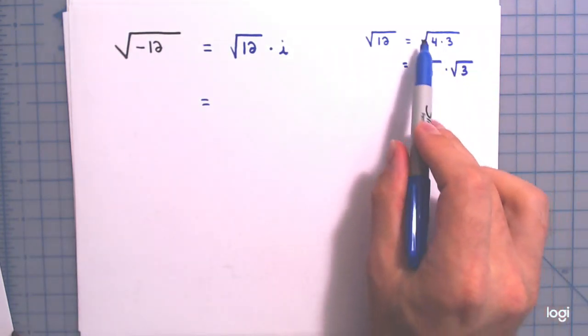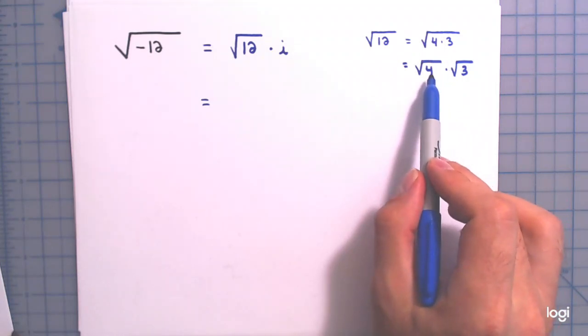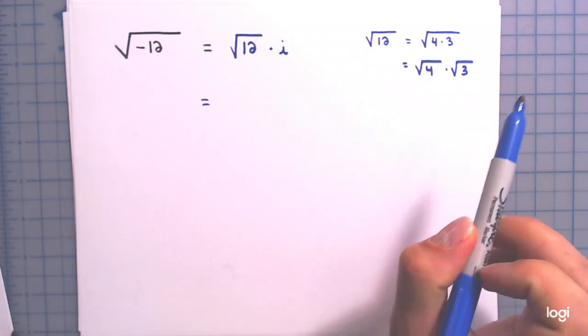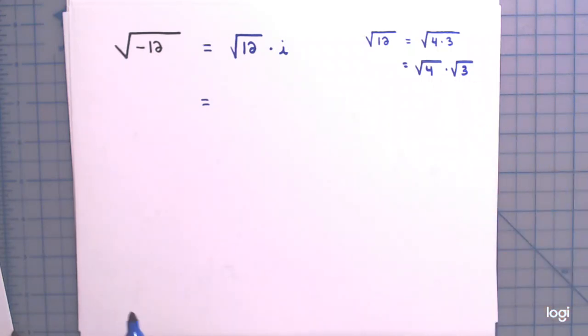And the only reason you can do that is because the square root of 4 and the square root of 3 are real. Remember, the product property is only for real numbers, and I'll discuss that in further detail in an upcoming video where we're talking about imaginary numbers and complex numbers with an imaginary part.